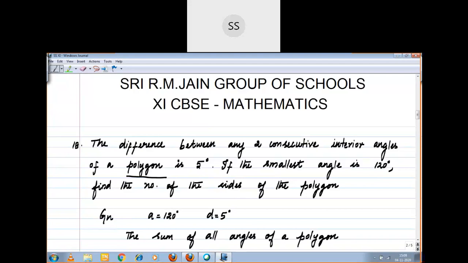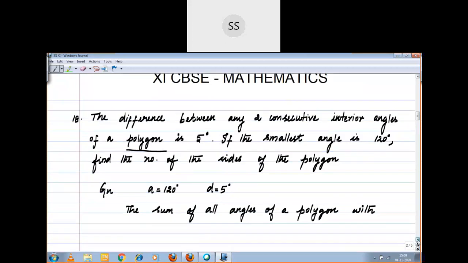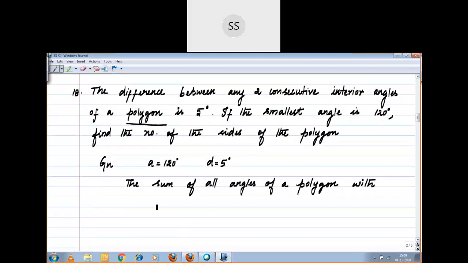A closed figure with 3 or more sides, right? You may ask whether it is true. Yes, it is 100% true. I am going to prove the result, right?